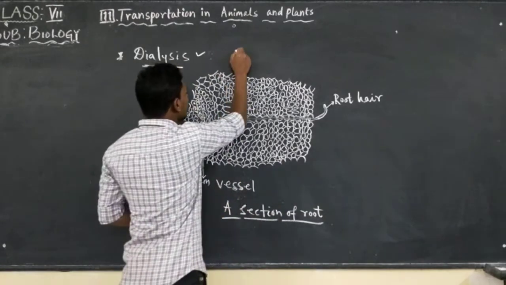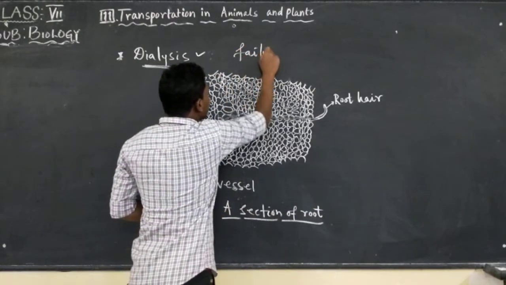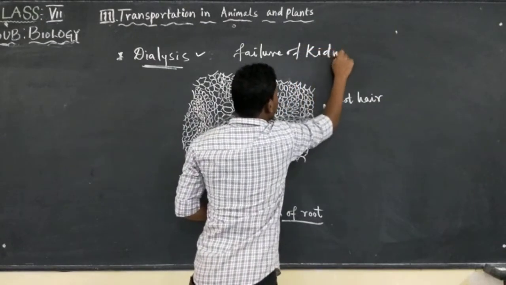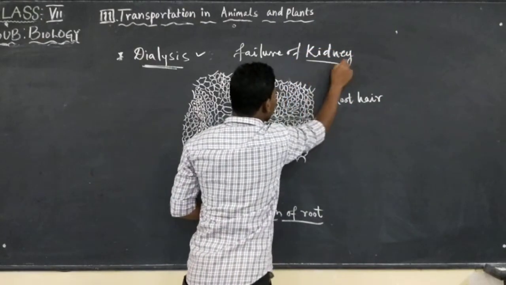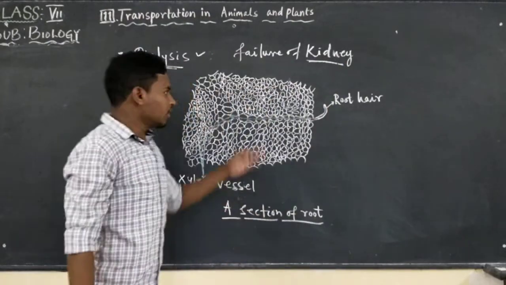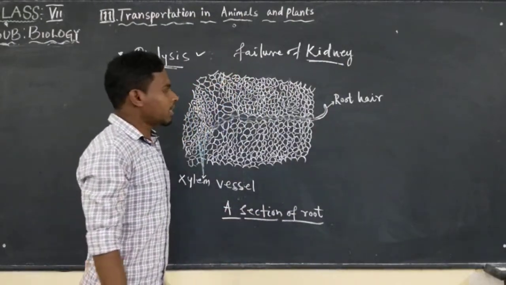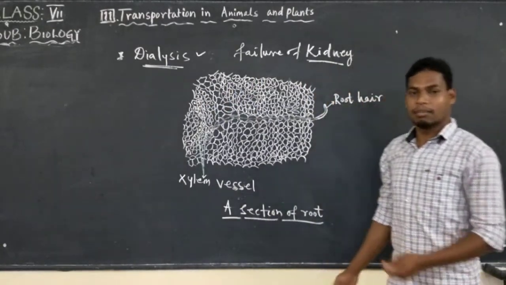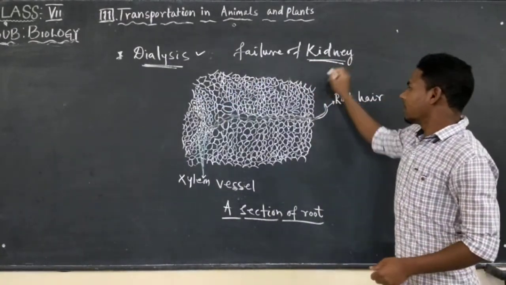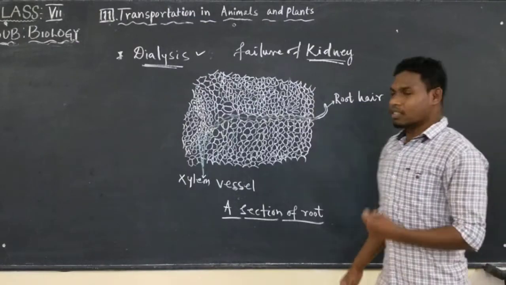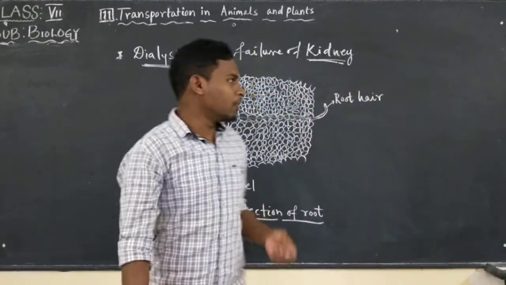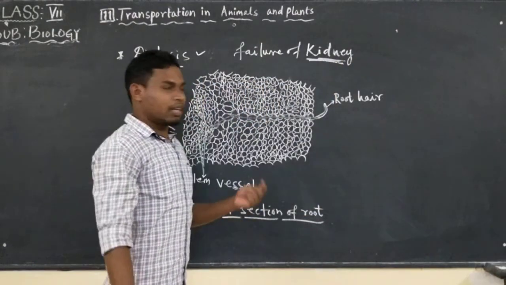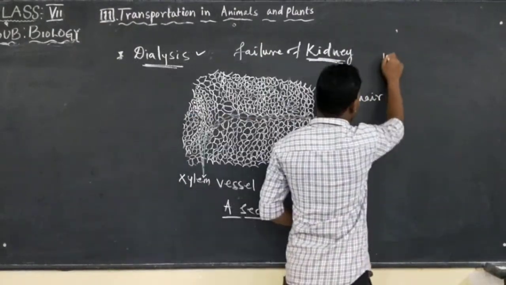We call it failure of kidney. Kidneys are the main excretory organ, which filter good substances from the bad substances. So if there is a failure of kidney, accumulation of waste substances takes place in the patient's blood.